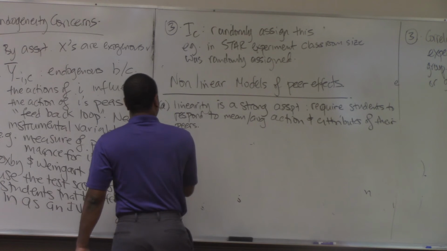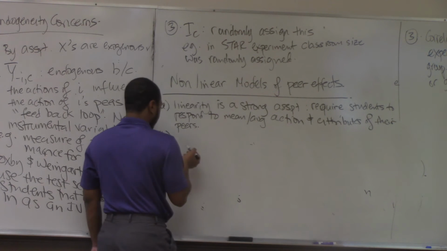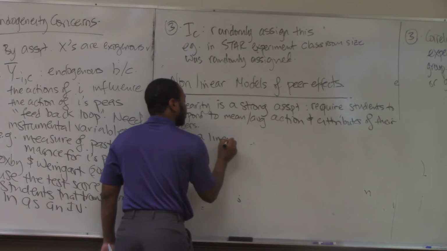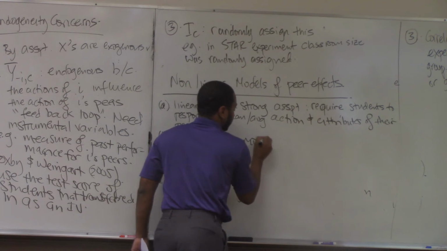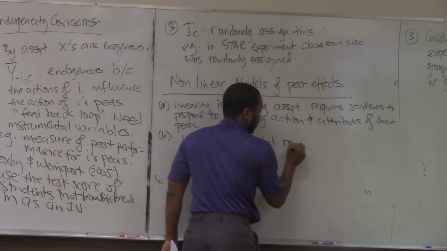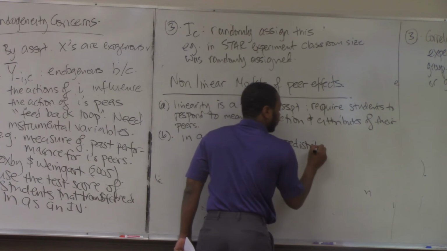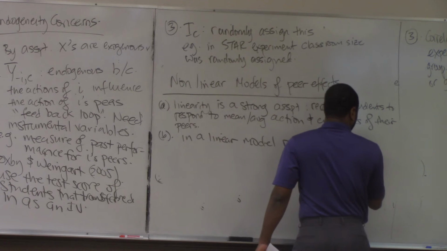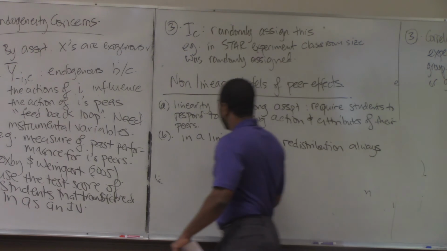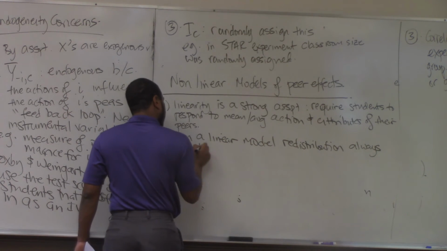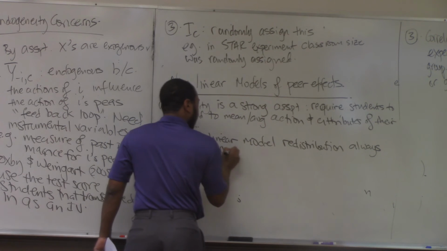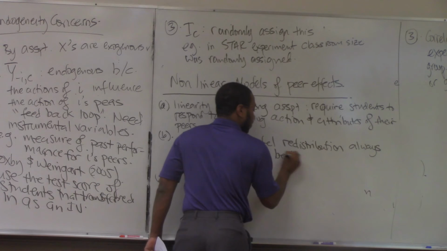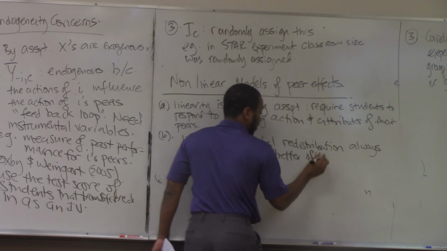The second issue is that in a linear model, redistribution always makes one group better off at the expense of another.